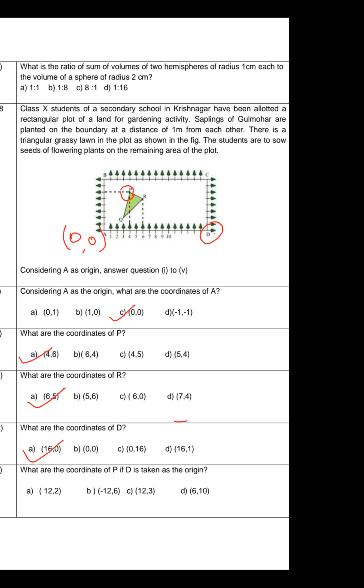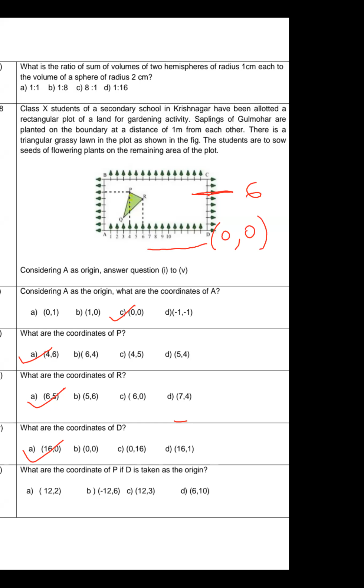What are the coordinates of P if D is taken as the origin? Now you tell me. D is taken as origin. Minus means? It will be negative: minus 12, 6. See, P is 6, the height will remain 6 only.